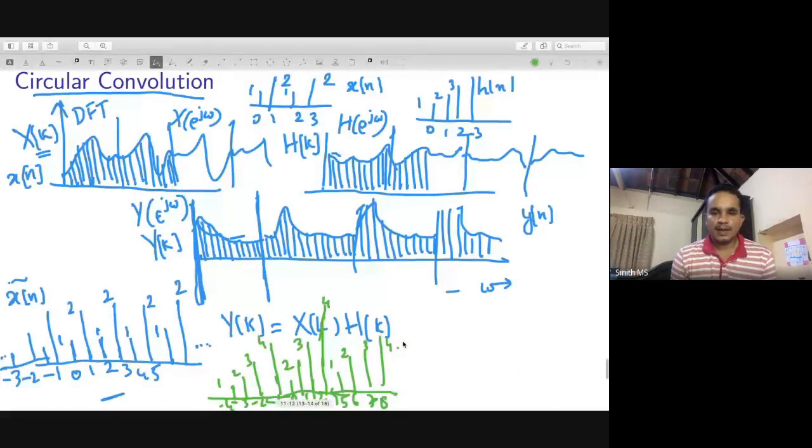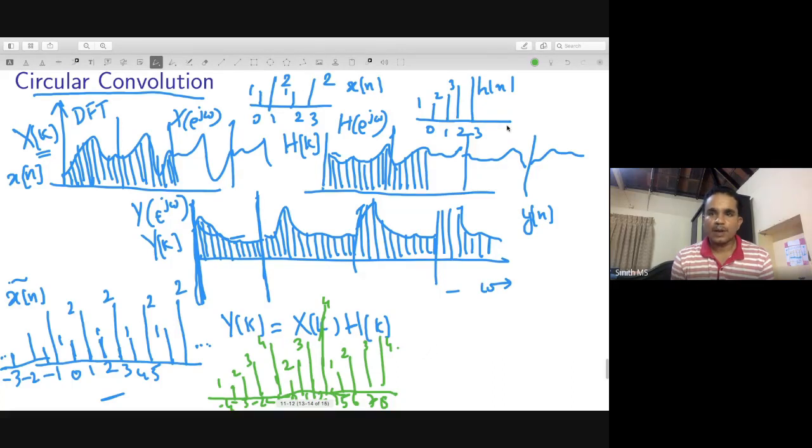Now, when you have these two signals, what happens when you do shifting and time reversal? Suppose you shift the signal by 1 and you are bothered only about from 0 to 3. So this is 0, 1, 2, 3, 4. If you shift this by 1, this 4 moves to this point and it comes to 0.